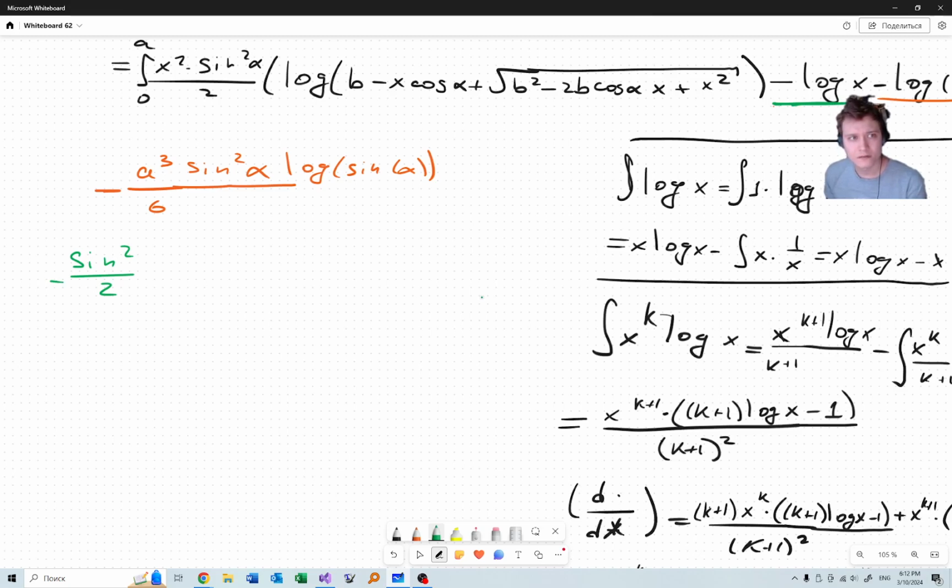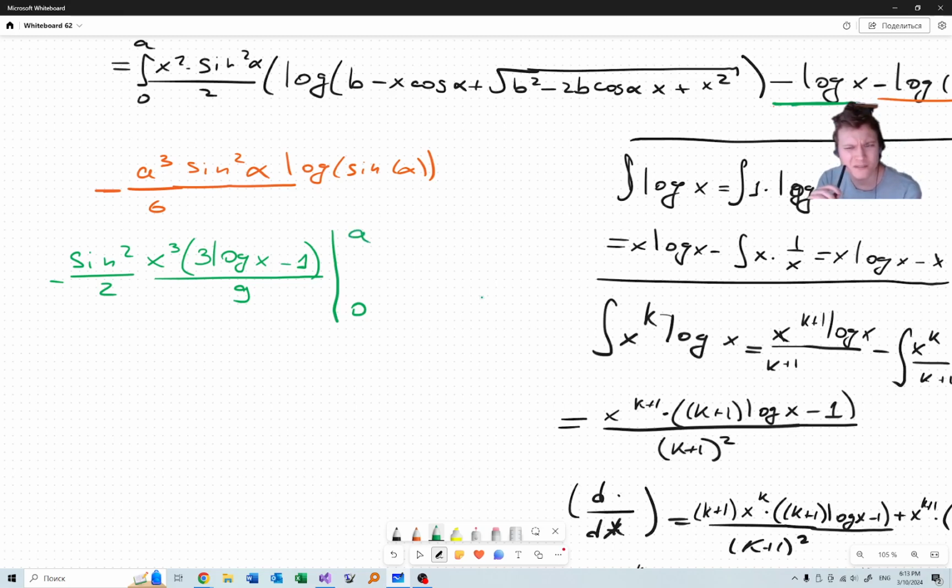Then we have x cubed times 3 log x minus 1 over 9 in 0 and in a.